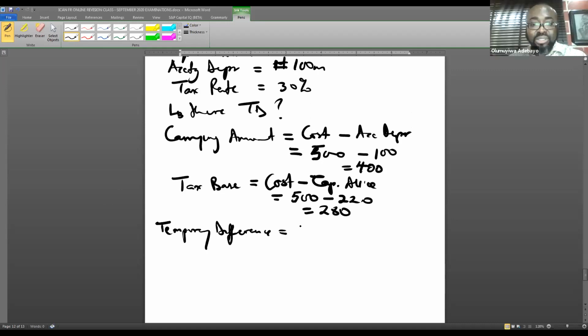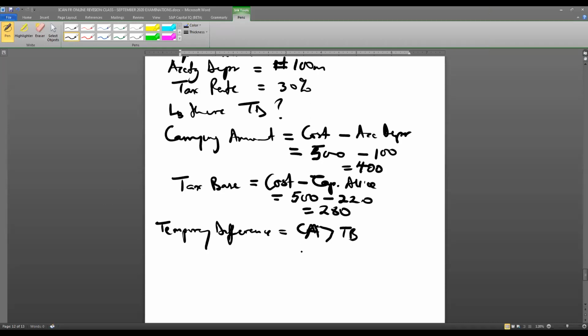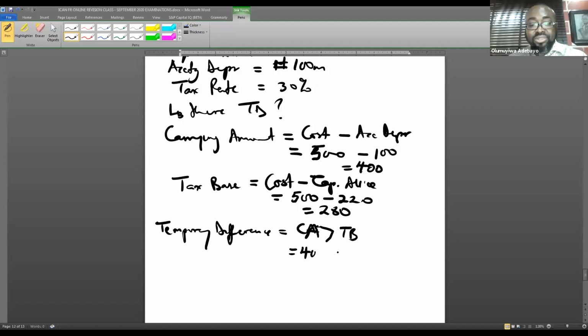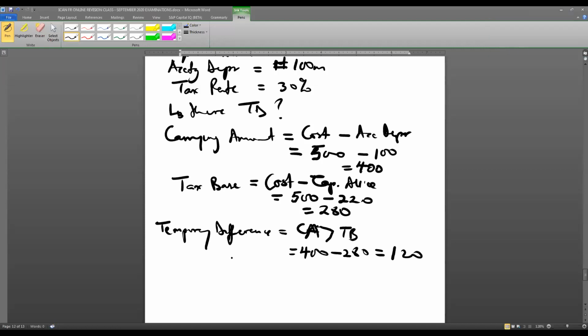Of how much? Carrying amount is greater than the tax base by 120. Now, the question is, this difference, is it taxable or deductible? Let us go back to our table.